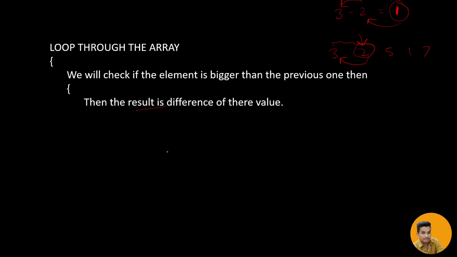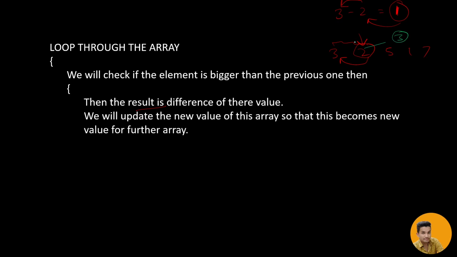Now once we are done, this has to become 3, right? Because this is our new number. So we are going to update the new value of this array so that it becomes the new value for the further array.